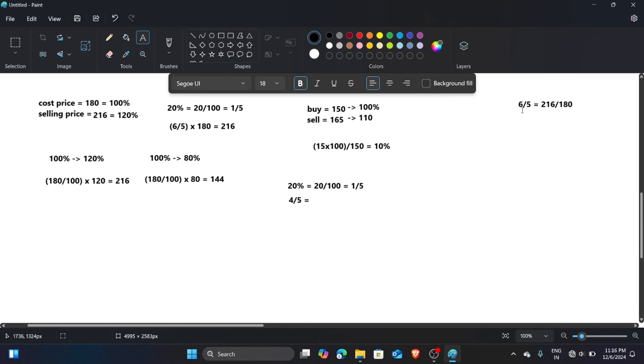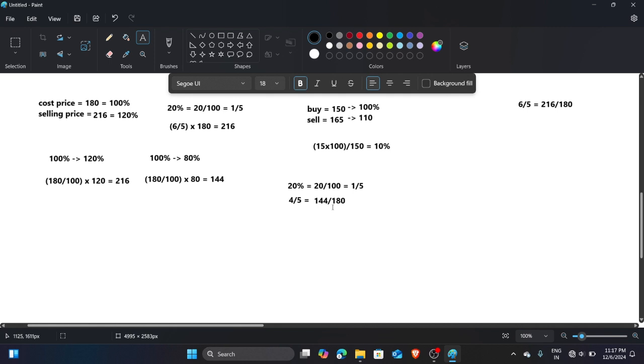When you simplify this equation, this portion only, you get this. And here also, the denominator is showing the cost price and the numerator is showing the selling price. So here also you get the same number, like 144 divided by 180.